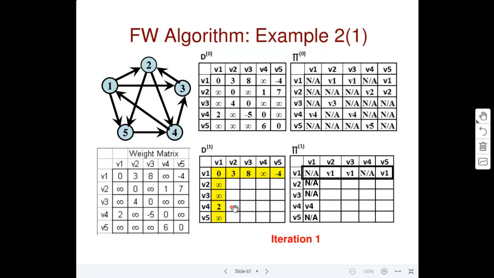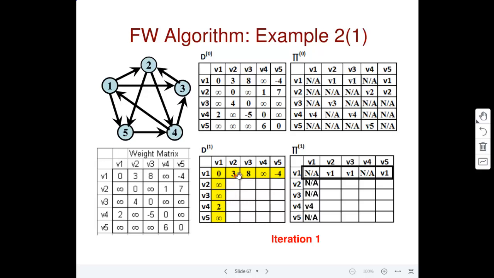When your column entry is not infinity, like in this case, where it is 2, then you need to be careful. You can add this 2 with each entry in this row and check whether it can reduce.